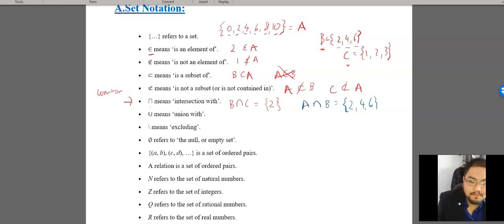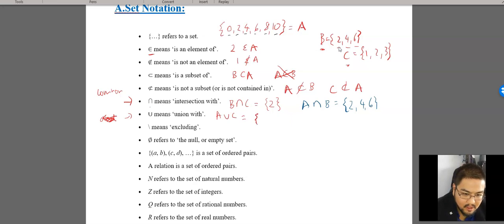Now, union means that we're talking about a collection, so we need to think of combining both sets. If I was going to ask you for A union C, that means we're collecting all the elements in A and all the elements in C. I've drawn this a little bit too small.